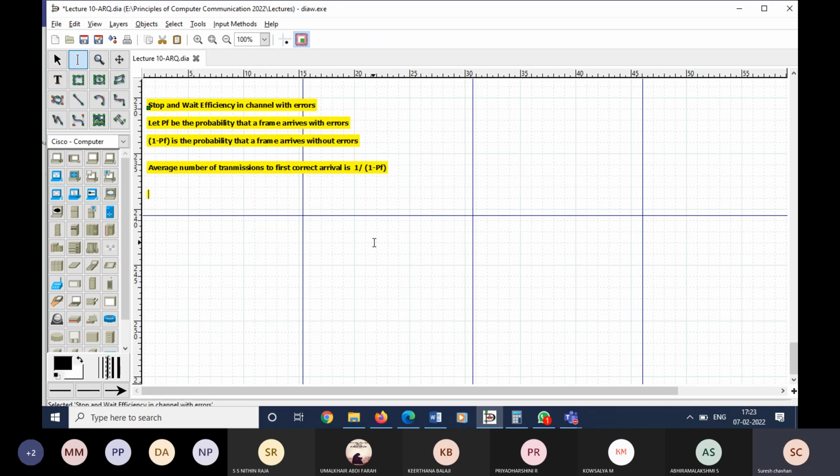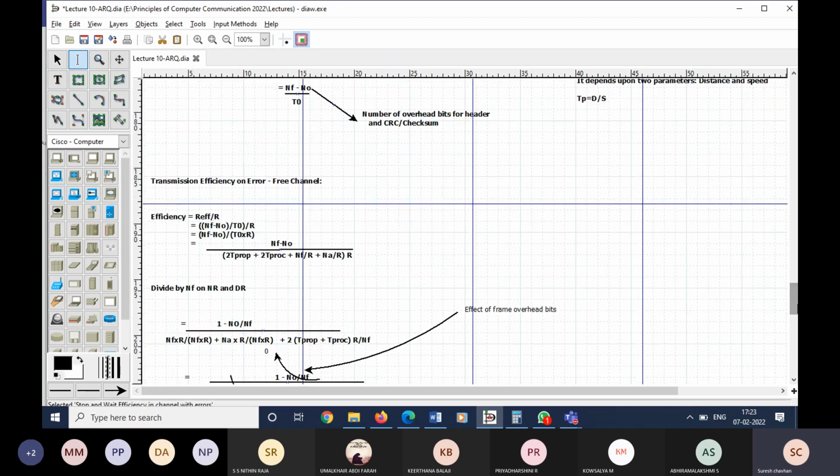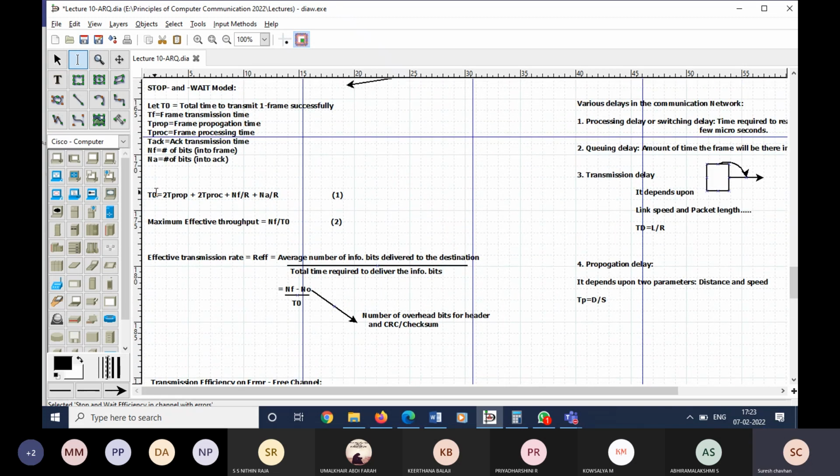So now we'll calculate the average total time taken per frame for successful transmission. So in the earlier case, we were having the T0, correct? So that T0 we have calculated here. So this is the T0, total time to transmit one frame successfully. Right?